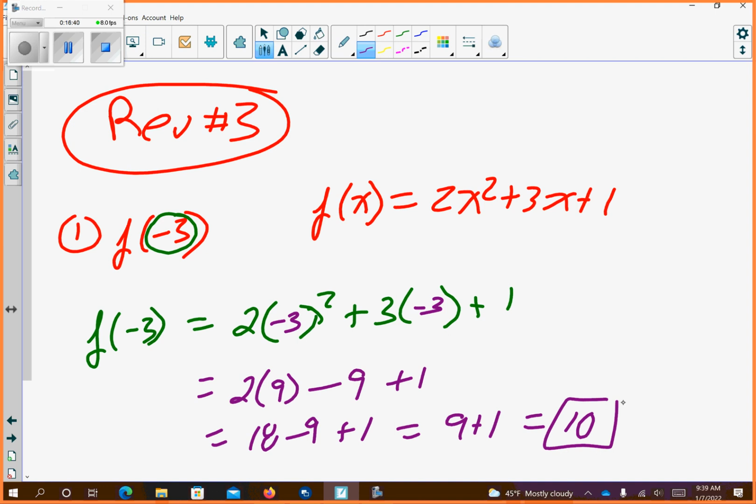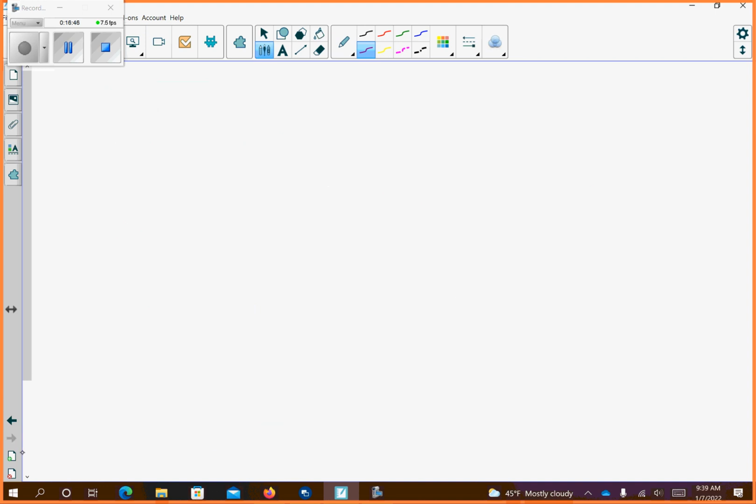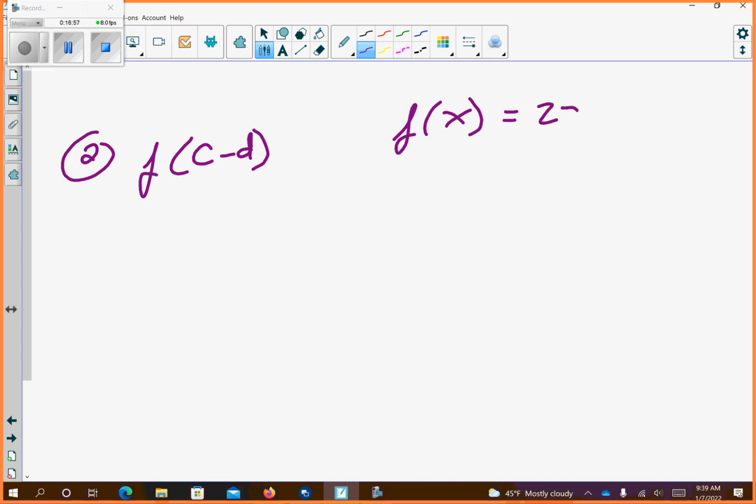But I want to look at problem number 2. Problem number 2 says this. And they tell us that f at x is equal to 2x squared plus 3x plus 1. So, friends, using the same thought process as the last one, what do you think I should do with this problem in order to figure out what it's going to come out to?